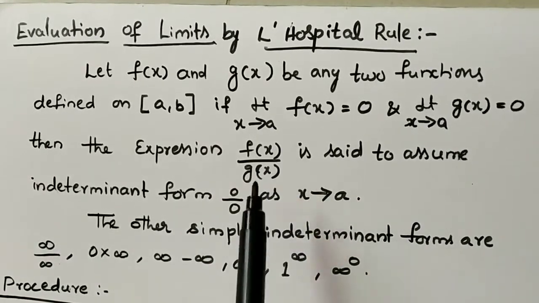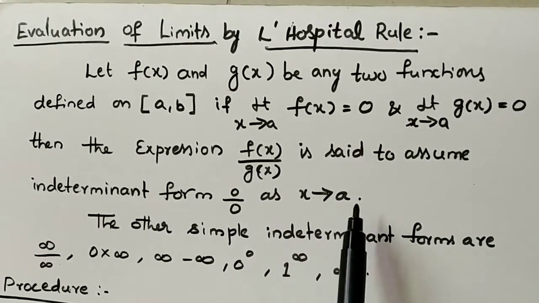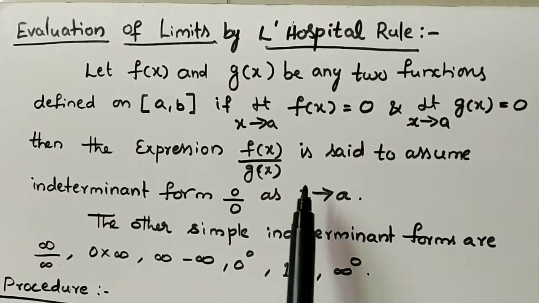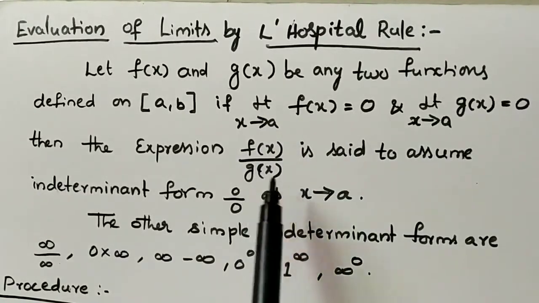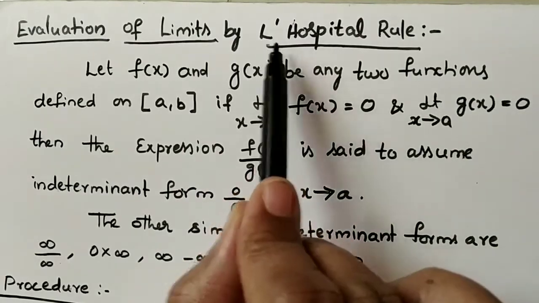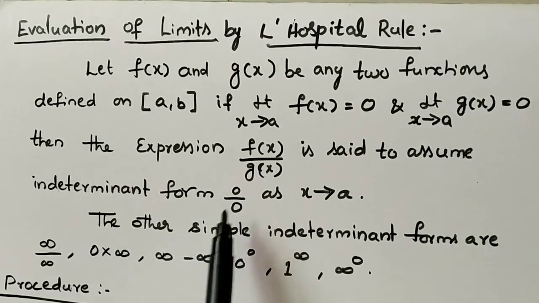Numerator is 0, denominator is 0, as x tends to a. In this case, to calculate the limit of f of x by g of x, we use L'Hospital rule.